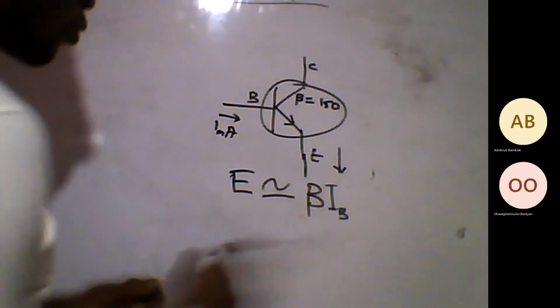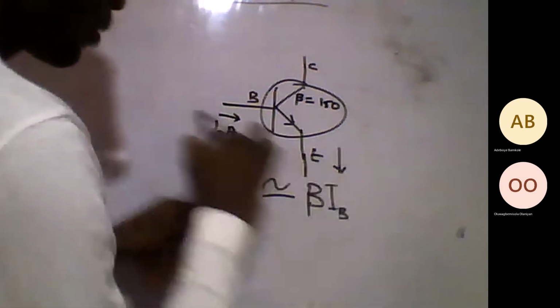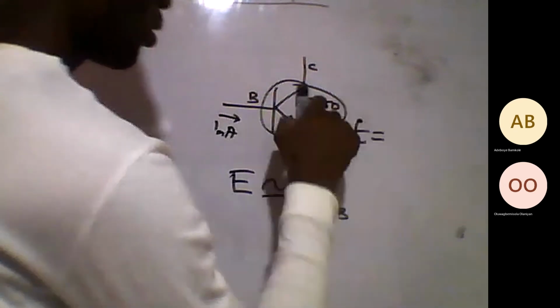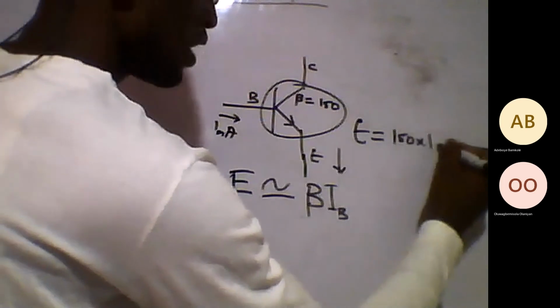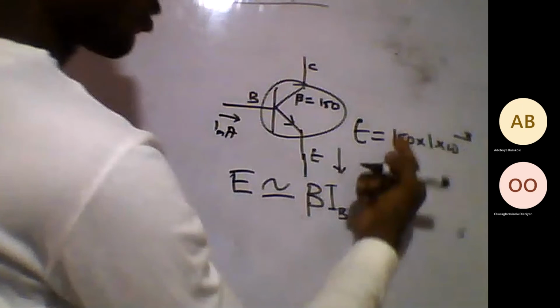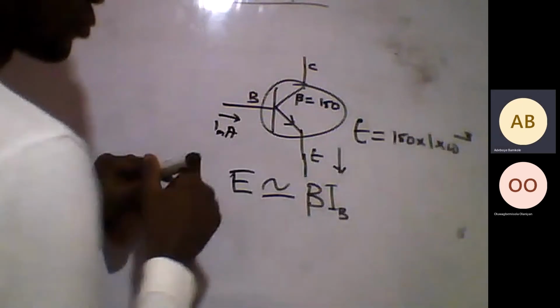So, if I put in 1 milliamp here, what's going to be the emitter? Putting in 1 milliamp, your emitter is going to be what? Beta of 150 times 1 milliamp. What do we have? 150 milliamps.